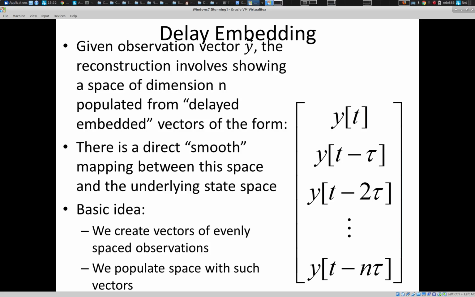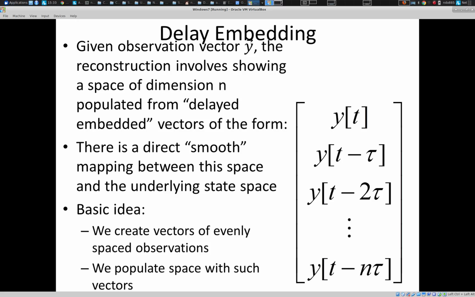The key elements of the embedding theorem, which were demonstrated at an empirical level by Doyne Farmer and others in the Santa Cruz Collective, is that you can create vectors from observations: synthetic vectors consisting of one observation, an observation a certain amount of time before that, twice that amount of time before that, and so on.